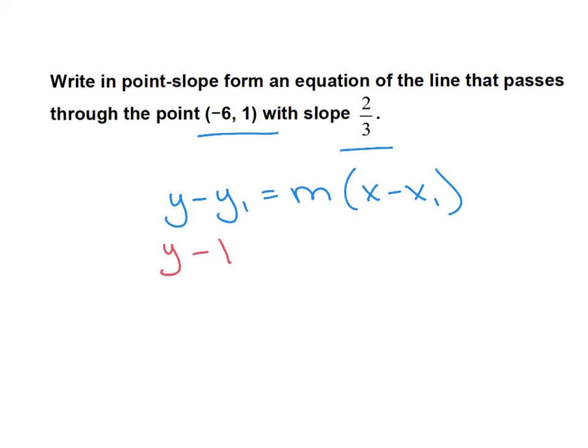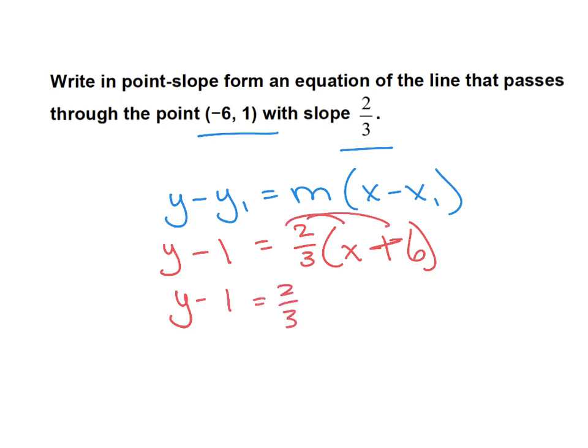Y minus 1 equals 2/3 x minus a negative 6, so we're going to call that plus. Y minus 1, distributive property, 2/3 x. 2/3 of 6 would give me 4. Add 1 to both sides. Y equals 2/3 x plus 5.